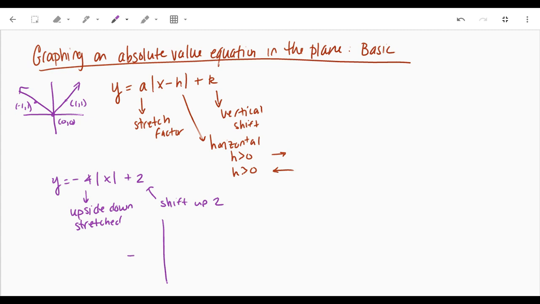We're going to shift it up 2 and flip it upside down. So the vertex will be at 0, 2. Okay, and it's going to open down. And when I move left or right 1, I will move down 4. Okay, so I'll have the point 1, -2, and then the point -1, -2.